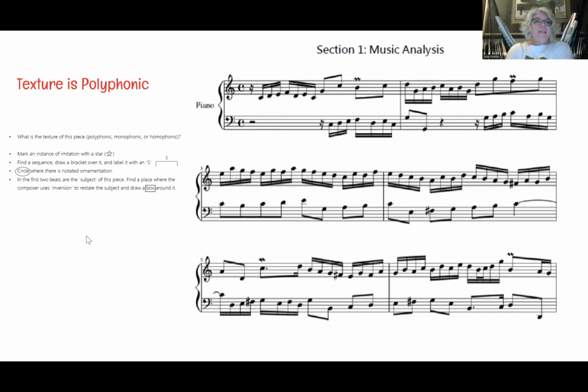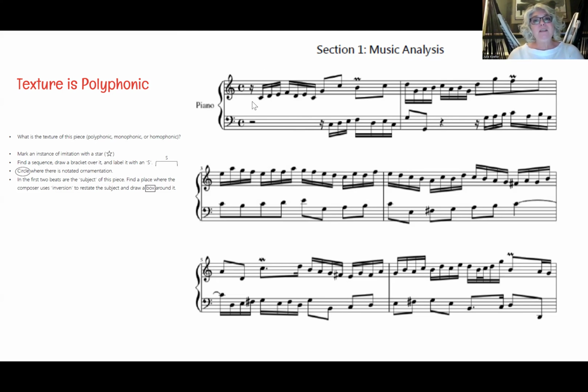All right. Another thing that you're going to have to be able to do is determine instances of imitation in the piece of music, because again, that was something that was very common with Baroque music. So if we take a look and just try to match up, you don't have to know the note names, you don't even have to know the rhythms, just by looking at it.